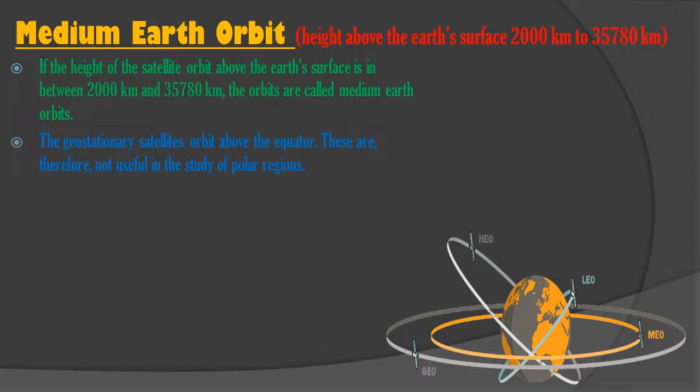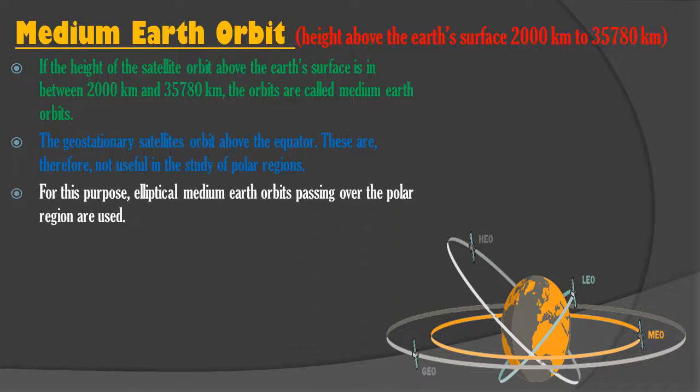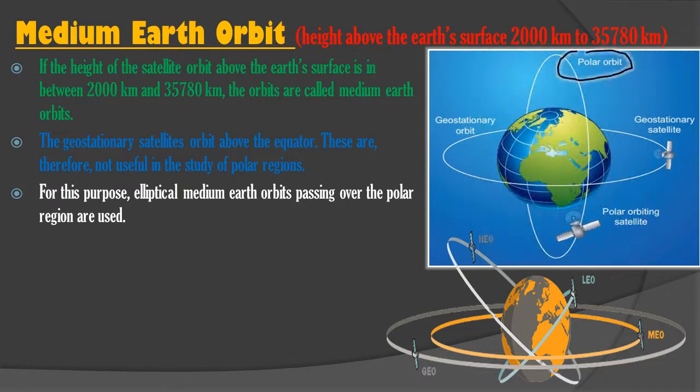Geostationary satellites are those in high Earth orbit above the equator. These are therefore not useful in the study of polar regions, and for this purpose elliptical medium Earth orbits passing over the polar region are used.